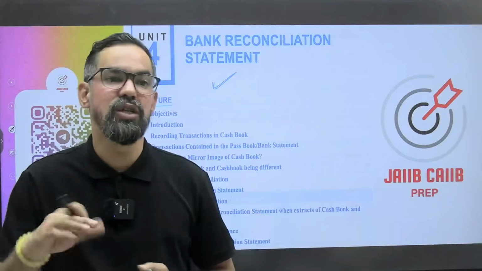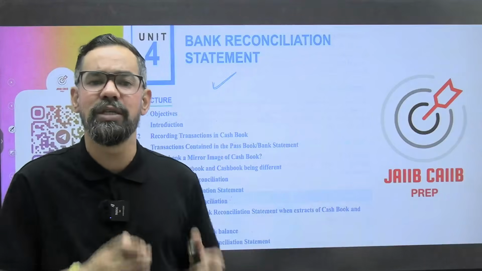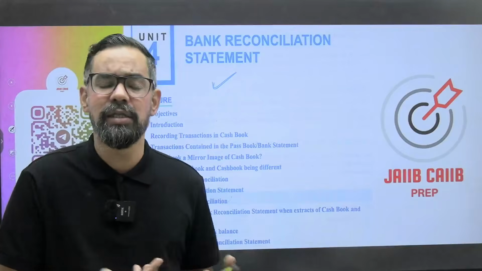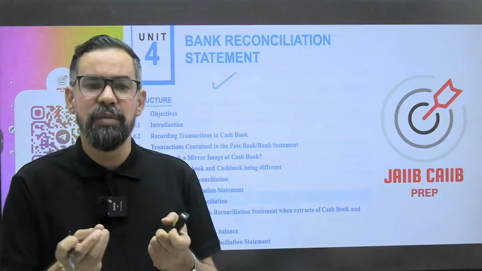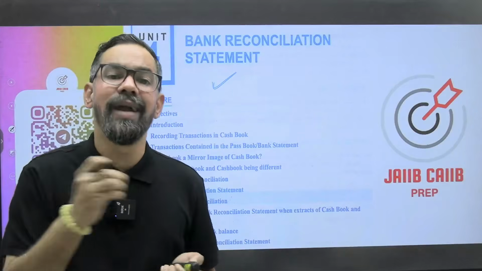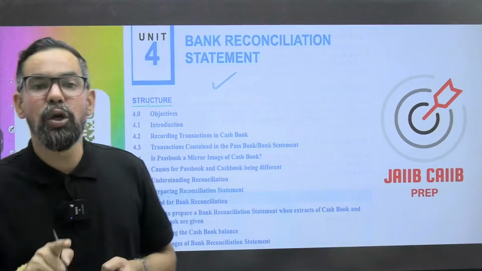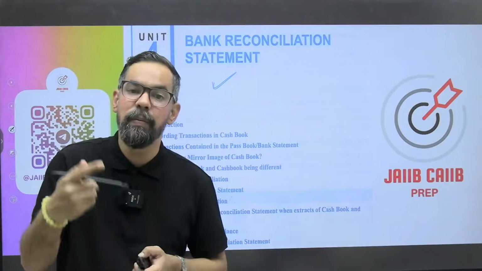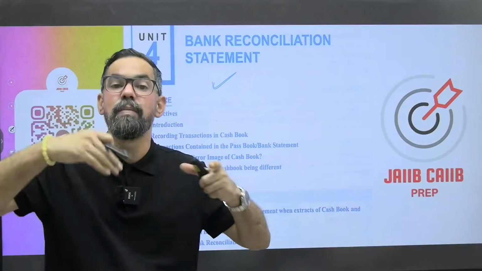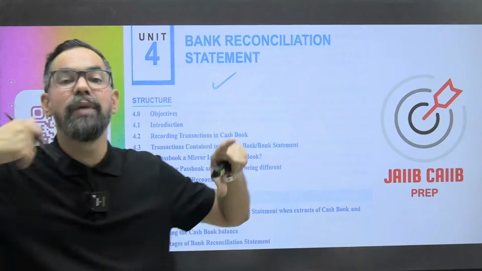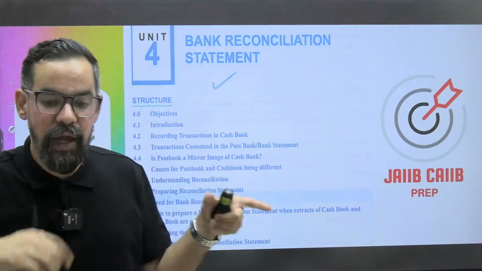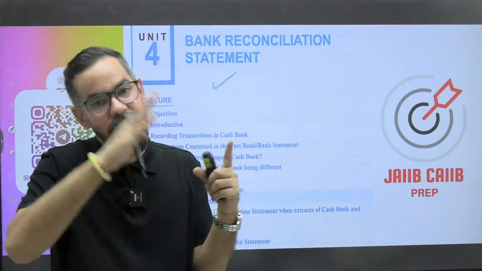Let's say a person deposited 10,000 rupees in their bank account. So the entry is, we get a text message from the bank: your account has been credited by 10,000 and your updated balance is this. But in case of the cash book, it is a mirror image of your passbook. When you see things in a mirror, they come on the opposite side.